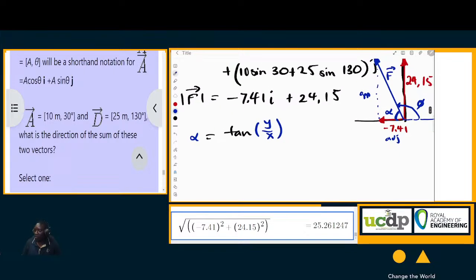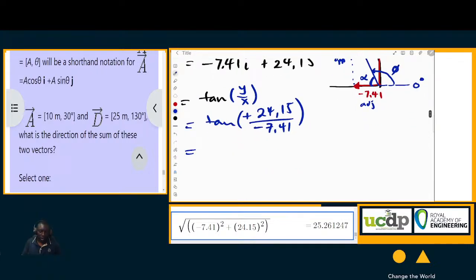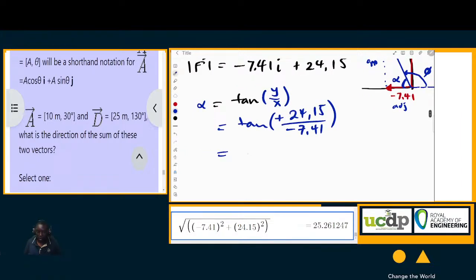So alpha equals arctan y over x, which is arctan of 24.15 over the x, which is minus 7.41. Because it's negative, it's in the second quadrant, you're right. So the arctan of 24.15 divided by negative 7.41 gives you negative 72.94 degrees for your alpha.